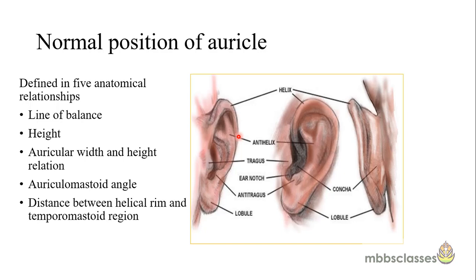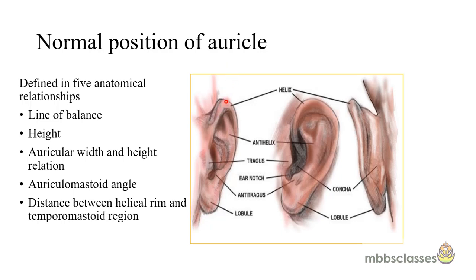So, how to define a normal ear? A normal ear is defined by 5 anatomical relationships. The first is the line of balance, which is defined as an axis through the largest diameter of the auricle. If you see here, this is the largest diameter of the auricle.